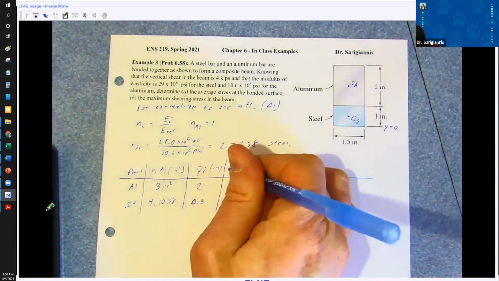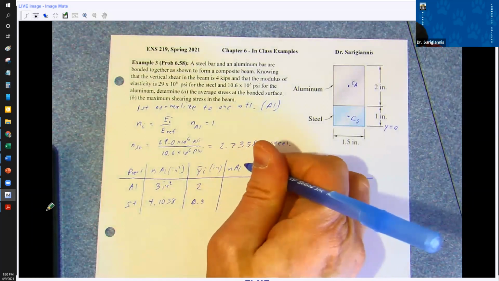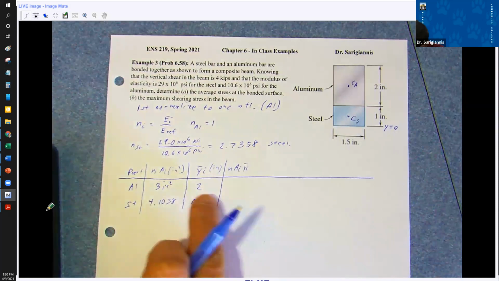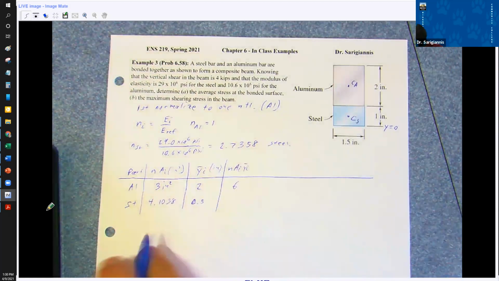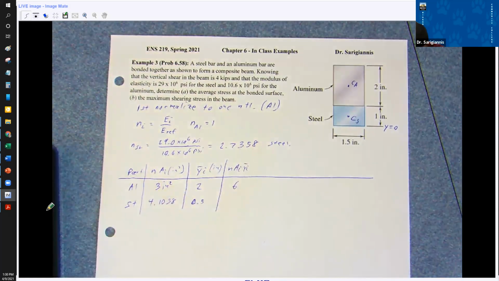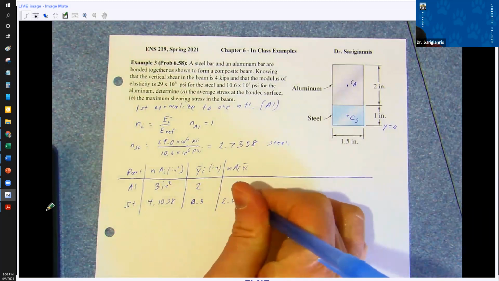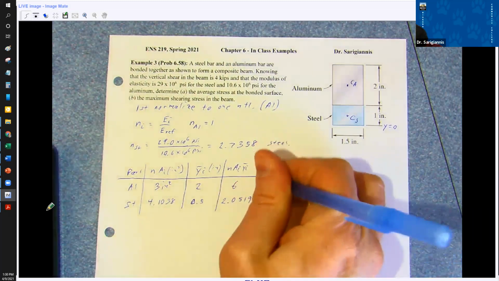That's for the centroid. Now we've got n_i A_i Y bar_i. And that is going to be 2 times 3 is 6. 4.1038 times 0.5 is 2.0519.